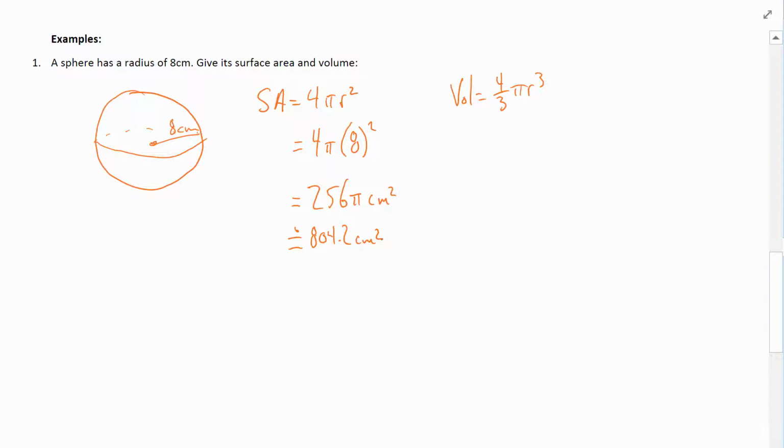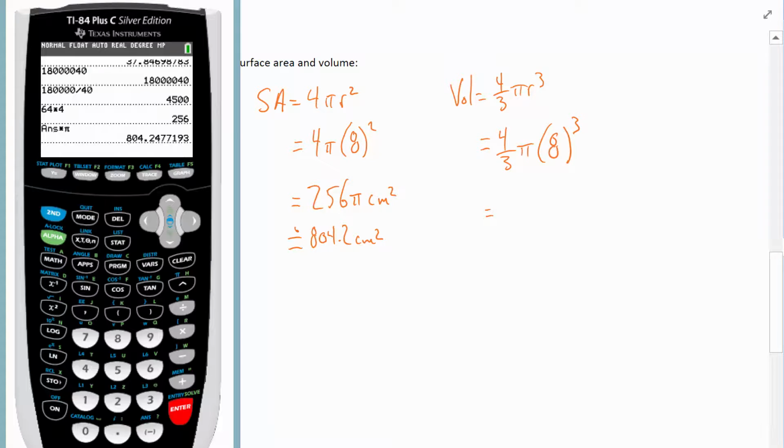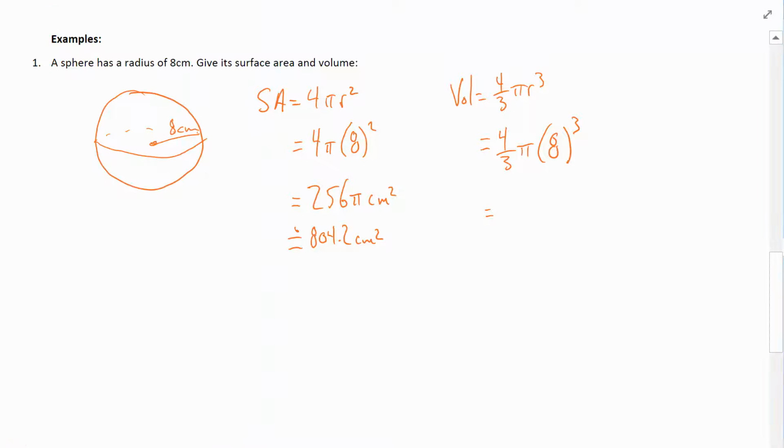Over here for the volume, again, we've got 4/3 pi times 8 cubed. Grab my calculator again. 4/3 times 8 to the power of 3 gives me 682 2/3 pi cubic centimeters, or of course that's milliliters as well.